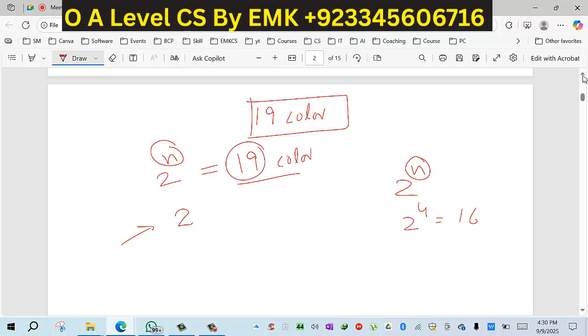But I need 19 colors. So for that purpose, I need to have 5, that is equal to 32. So here the value of n will be 5, meaning 5 bits per pixel.